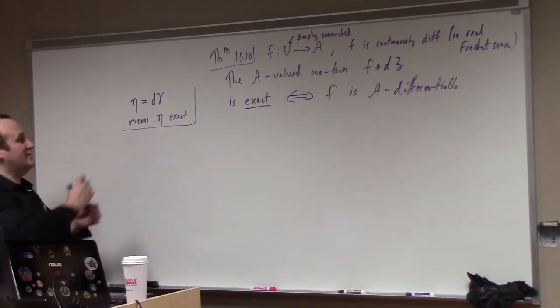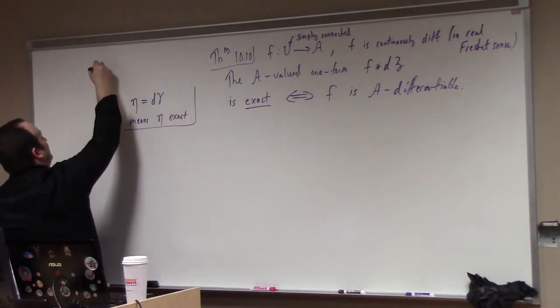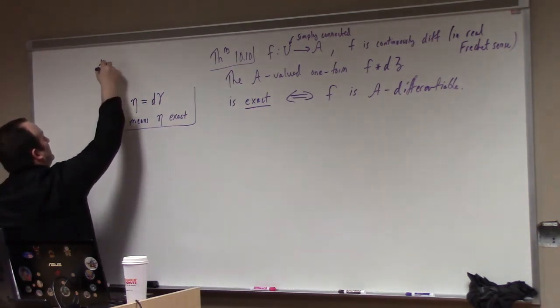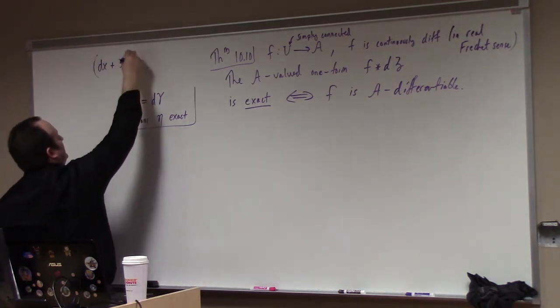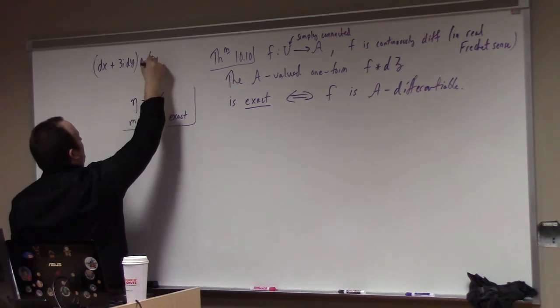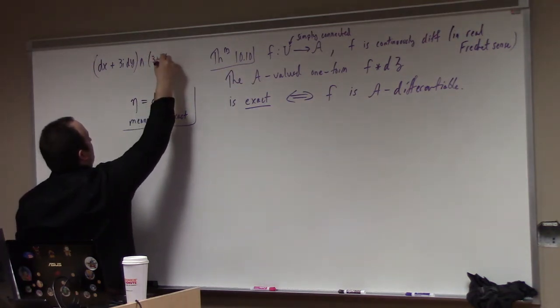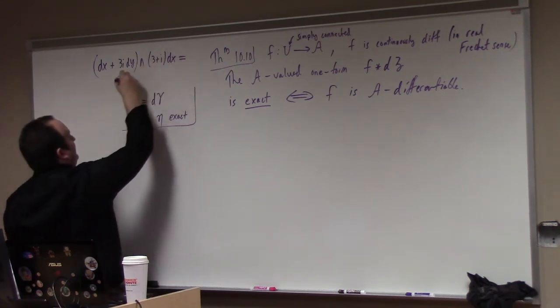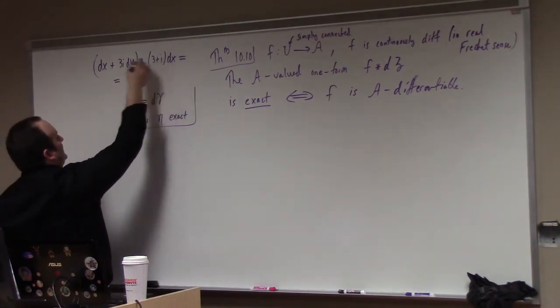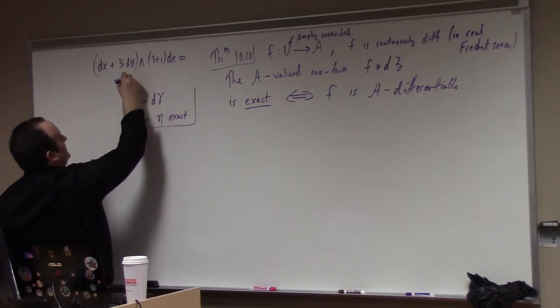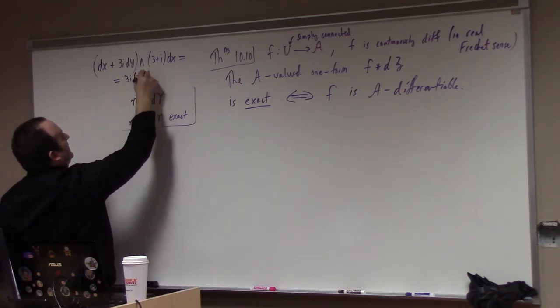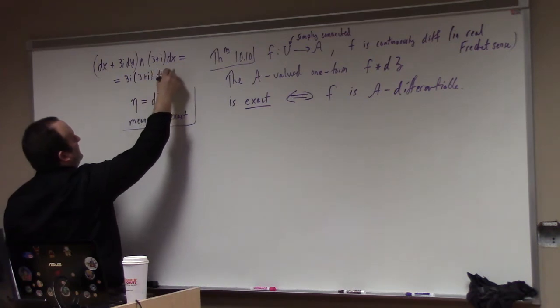For example, if I asked you to multiply dx plus 3i dy, take the wedge product of that with 3 plus i dx, you guys wouldn't bat an eyelash. You'd immediately tell me, well, dx wedge dx is 0, and that's going to give me 3i times 3 plus i dy wedge dx, right?